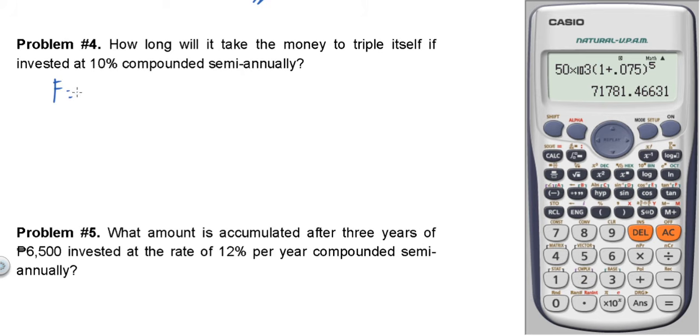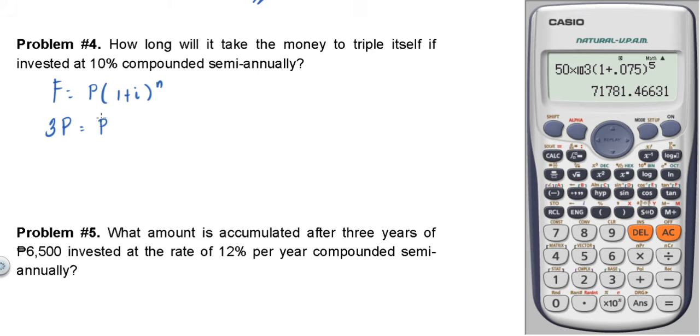So, F is equal to P times 1 plus I raised to N. This time, ang question is, how long will it take? So, inahanap natin is the N. How long will it take the money to triple itself? So, kung ang principal is P, pag nag-triple siya, yung future niya, dapat 3P. Di ba? So, 3P.